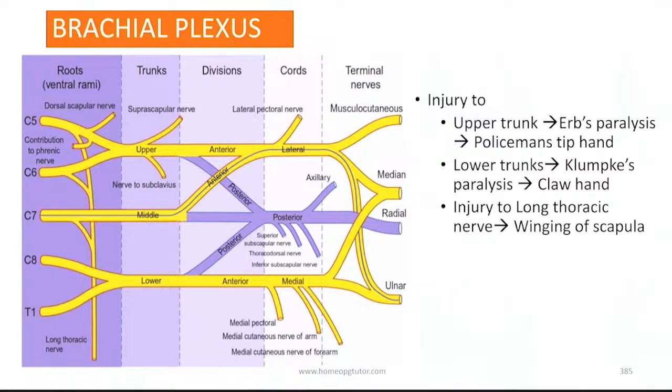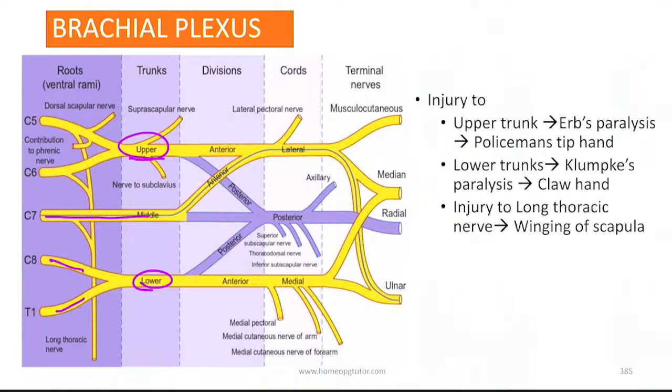C5 and C6 join together to form the upper trunk, and C7 continues to form the middle trunk. Then finally we have C8 and T1, which join together to form the lower trunk. The brachial plexus has 5 roots and 3 trunks.